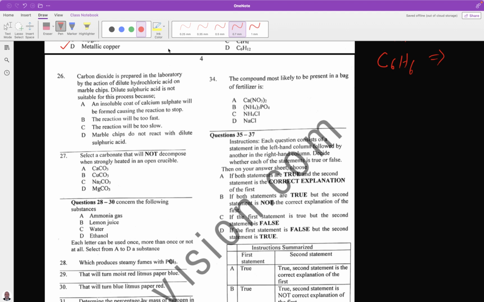So our answer for question number 26 is A. 26 A is the right answer.